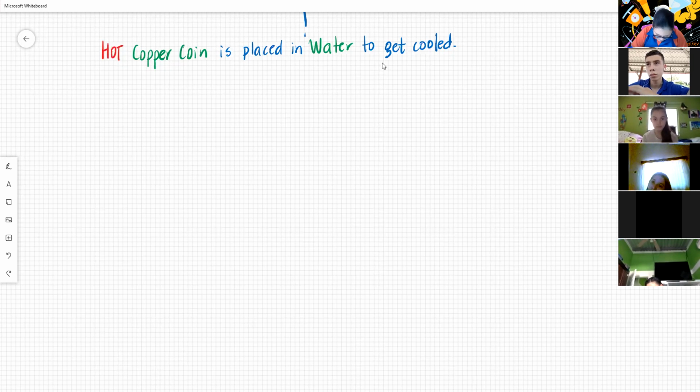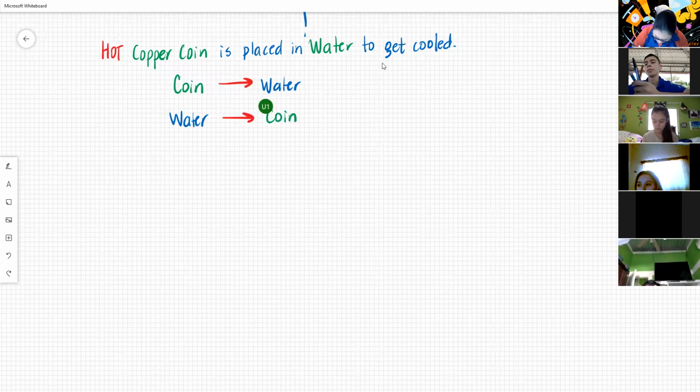Is the coin transferring heat to the water, or is water transferring heat to the coin? What situation happens here, like A or like B? Like A, because the coin that is hot is transferring heat to the water.